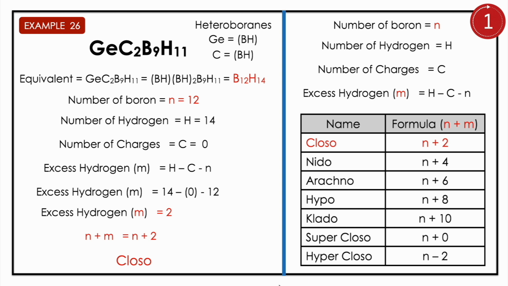The excess of hydrogen formula will be H minus C minus N. If you substitute the values, it becomes 14 minus 12 gives 2. M is 2, meaning it is an N plus 2 system. If you look at the table, it has Closo structure. So according to Wade's rule, the compound GeC2B9H11 has Closo structure.